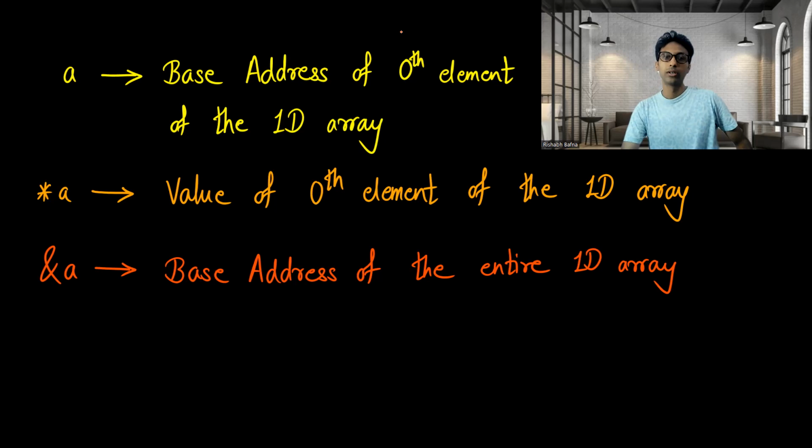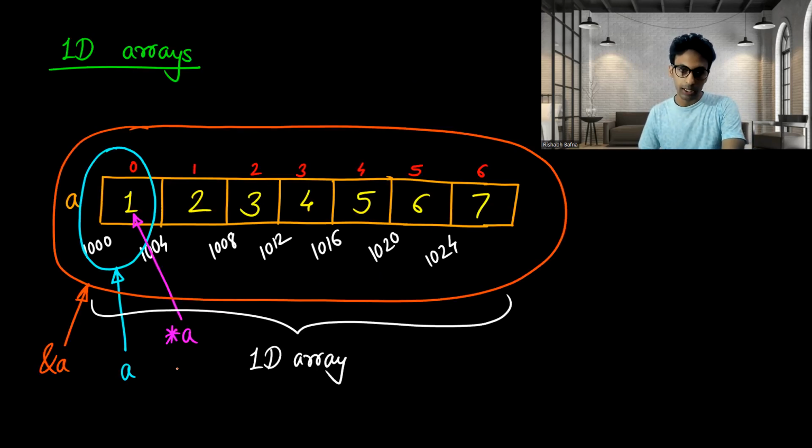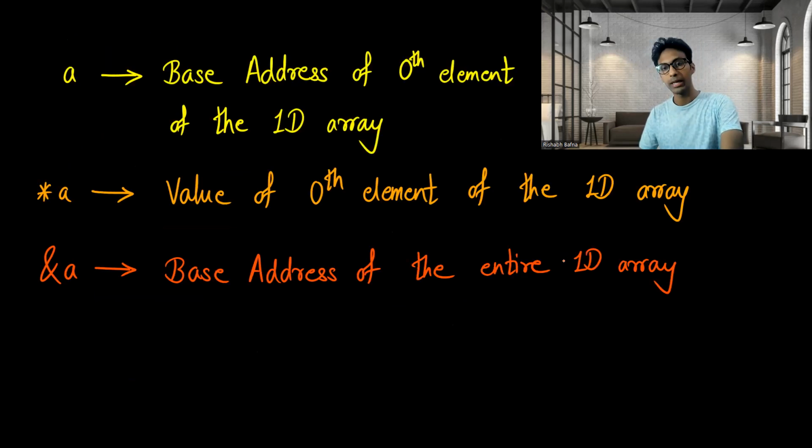Right. Now, what will happen if I put one more star? Already this is star A. Before that, what is star? You are going one level inside. You are dereferencing. Let me write it. This will make the thought process very clear.